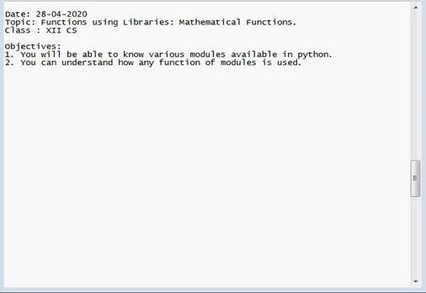Math module you can use for calculations, such as if you want to find out sine or cos value of any angle, or if you want to calculate power, or square root, then for that there are already built-in functions available there, which just give you the answer.